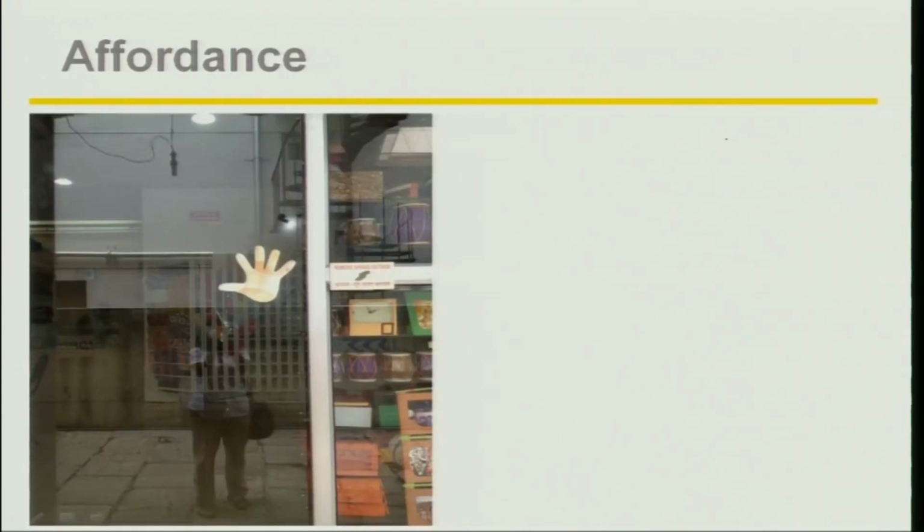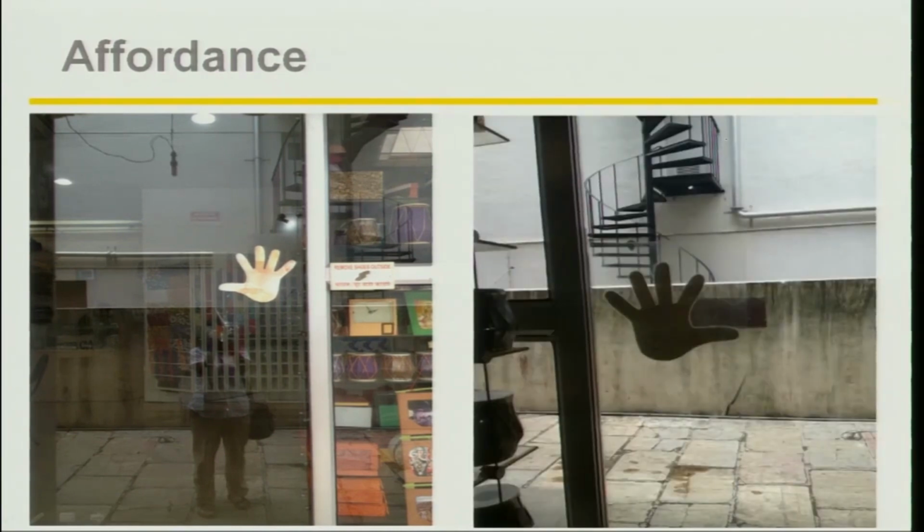Now I want to show you this example that I saw in a store, which is a very simple design. It was a cutout of a hand, and this was put on the glass door. That's all it had. Through that it was telling you to put your hand on it and push, and likewise on the other side.